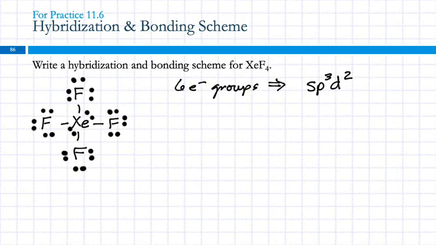So when we look at how this is going to go together, I want to draw the orbital diagram for the hybridized orbitals of the xenon, and then the unhybridized for the fluorine. I'm going to just start with the fluorine up here. And again, we're only doing valence electrons.